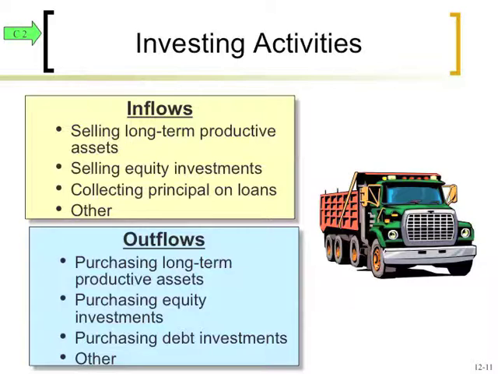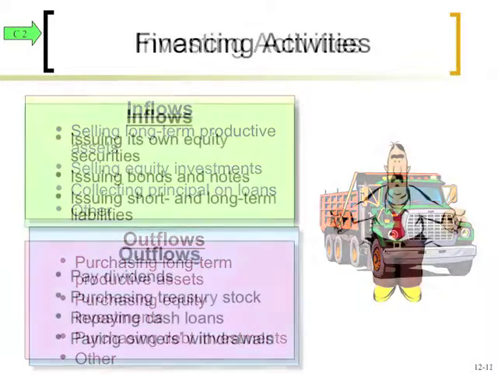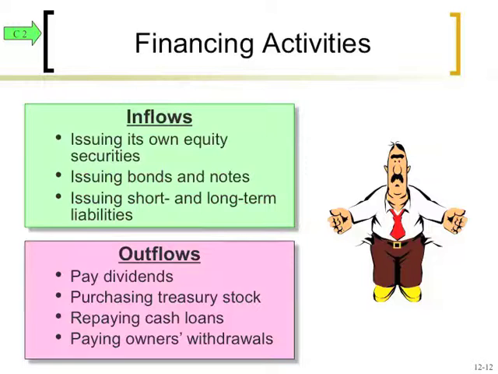Did we buy or sell equity investments in other companies, etc. Slide 12, we look at the financing activities, and here we're dealing with, did we sell stock or did we borrow long-term money, or did we pay back loans, or did we pay dividends?